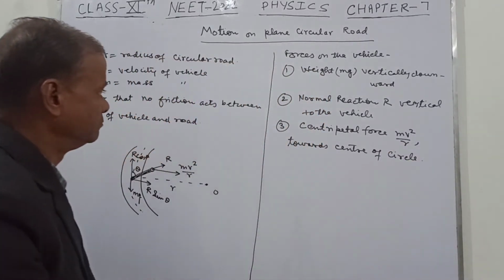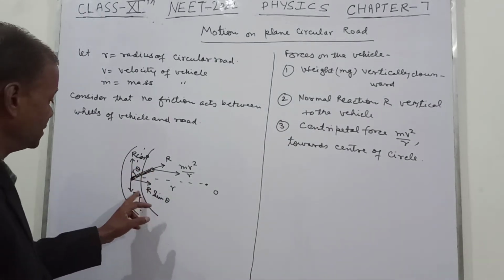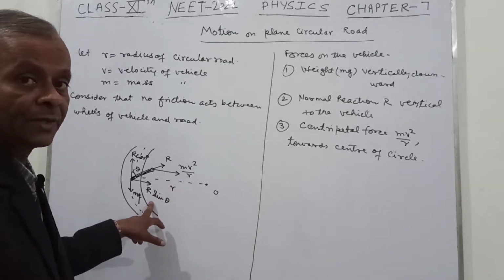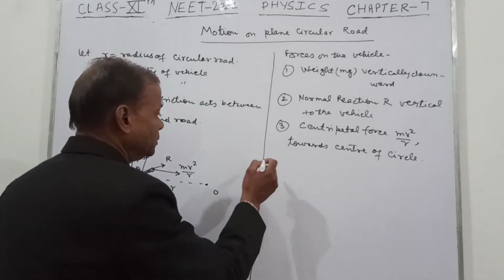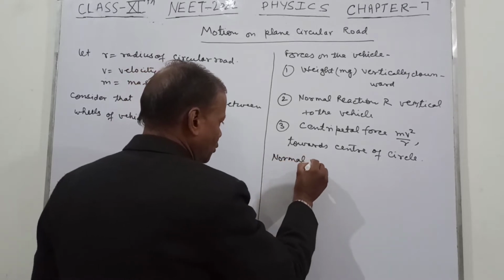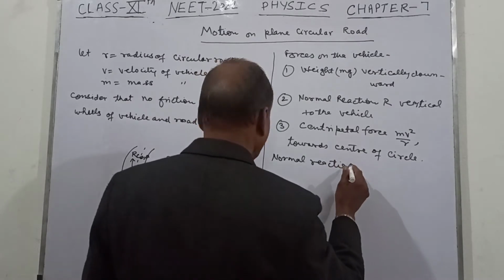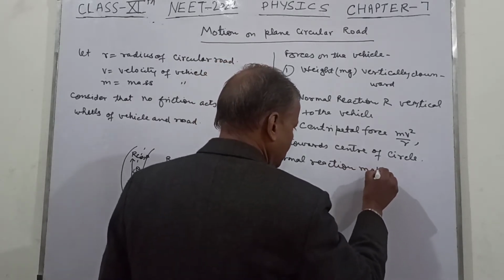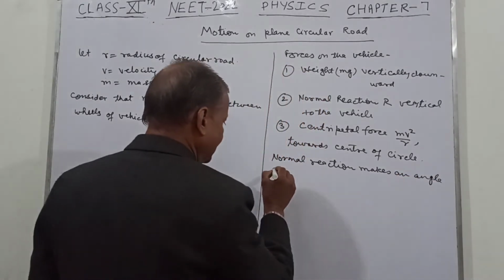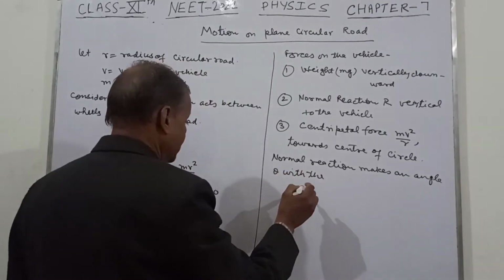So R can be resolved into two components. One component is R cos theta and second is R sin theta. This centripetal force is provided by R sin theta. The normal reaction makes an angle theta with the vertical.